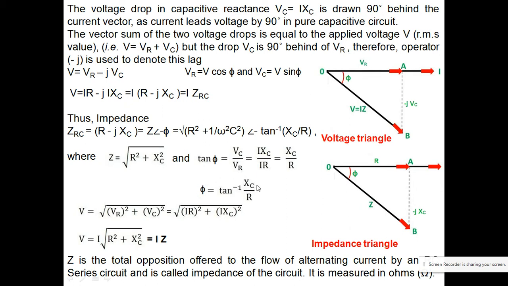It tells the phase difference between voltage and current, given by phi. You can write the resultant voltage here. This is the impedance: the total opposition offered to the flow of alternating current by an RC series circuit, measured in ohms.